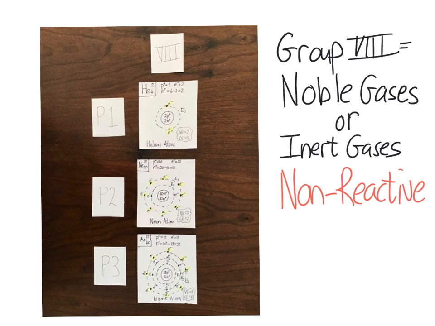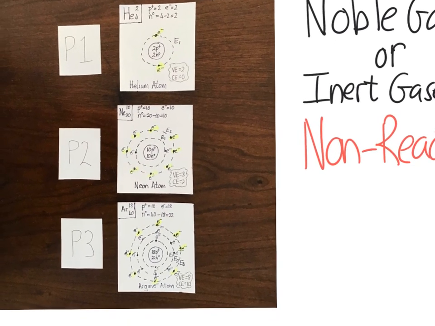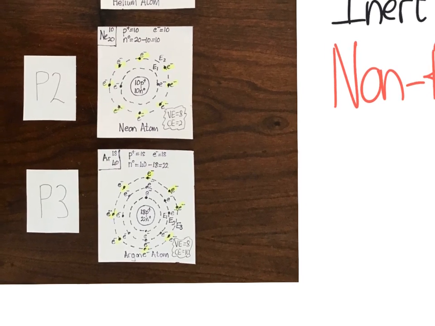And the reason for that is that they have full outer energy levels. So if we look carefully here, we see that neon has got 8 valence electrons and argon has got 8 valence electrons, and so their outer energy levels are full.